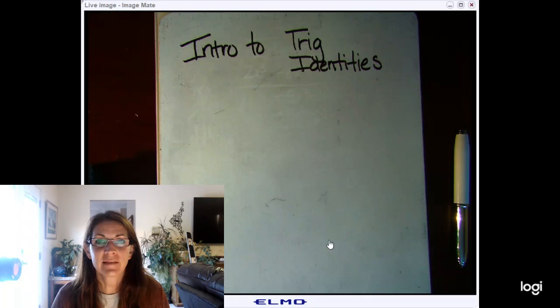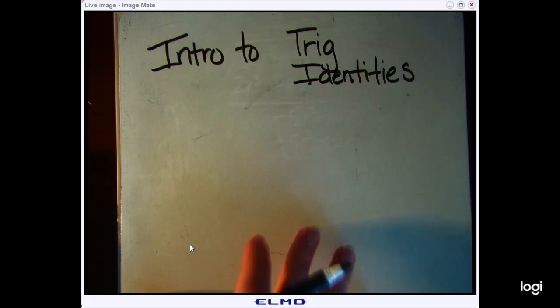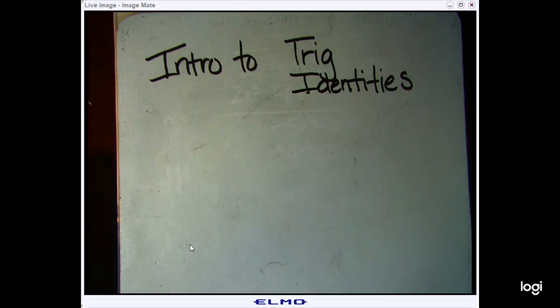So we'll do our last lesson, Intro to Trig Identities. Now, this is different. There are whole semester and year classes on Trig, and we've slammed a whole bunch into 1/4 of Math 3. And so today is all about manipulating trig identities.